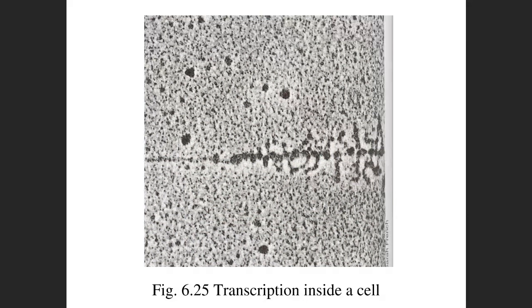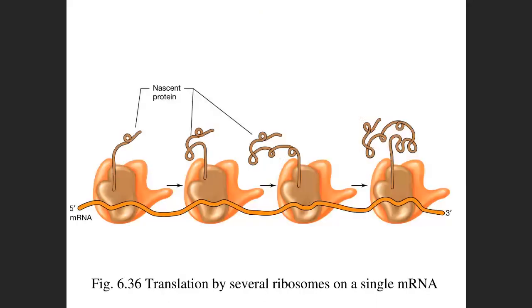Remember the picture I just showed you earlier? Remember this picture? If we zoom in and see that again, you have transcription and translation coupled inside a cell. These little black dots are actually ribosomes, that's visible.